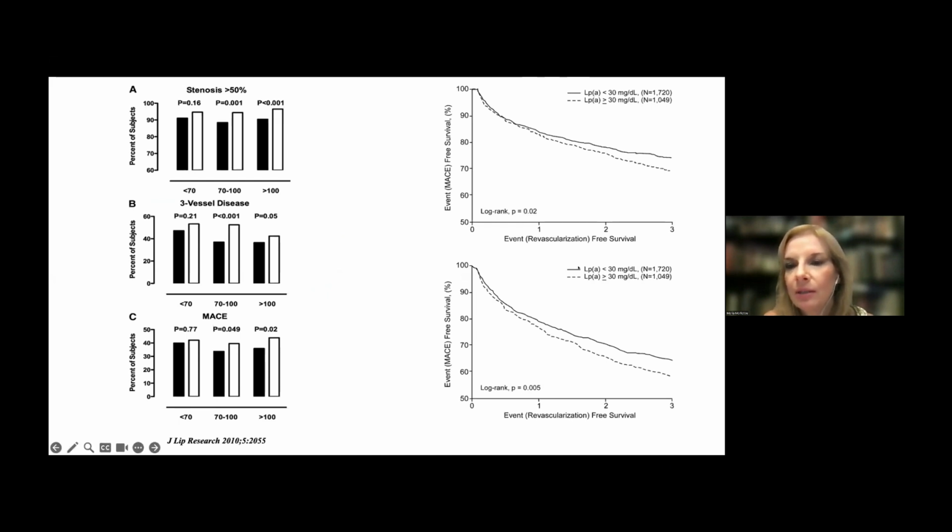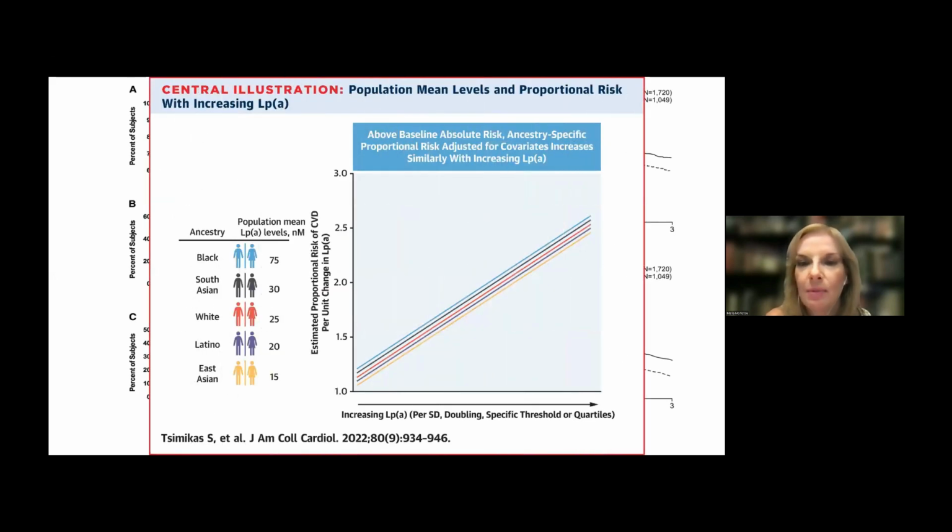Similarly, you can see that LPA here, even more than 30 milligrams per deciliter, exhibits a higher risk not only for cardiovascular events, but also for the need for revascularization treatment such as CABG and PCI.